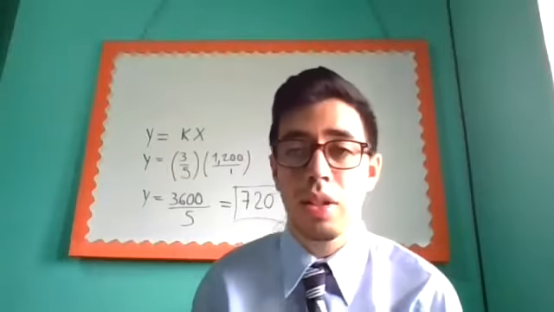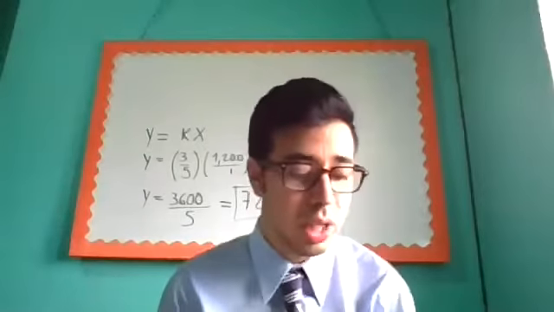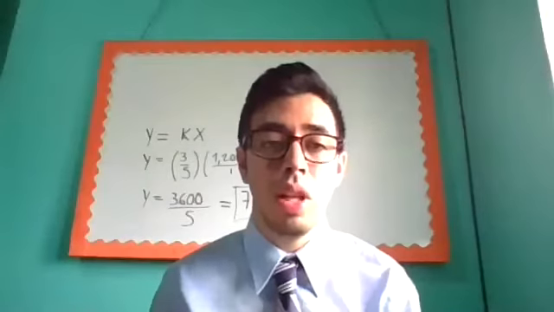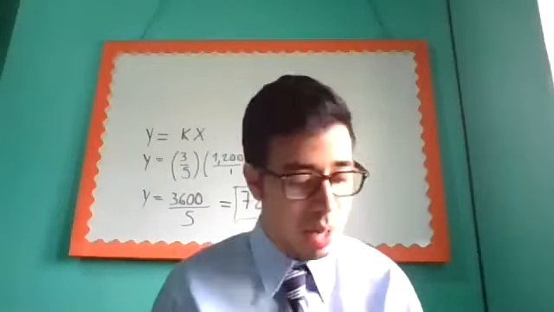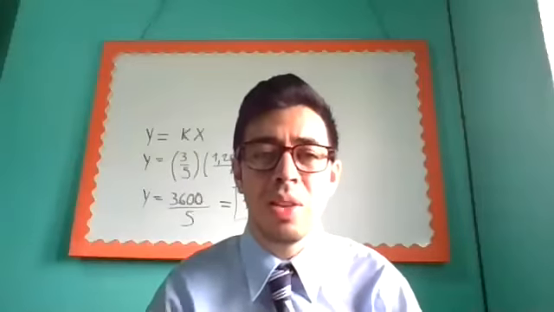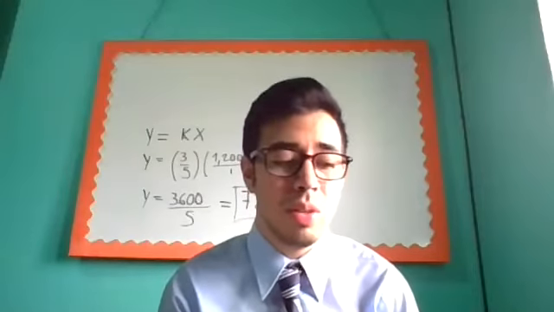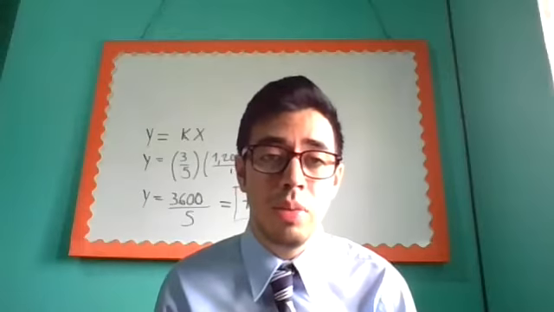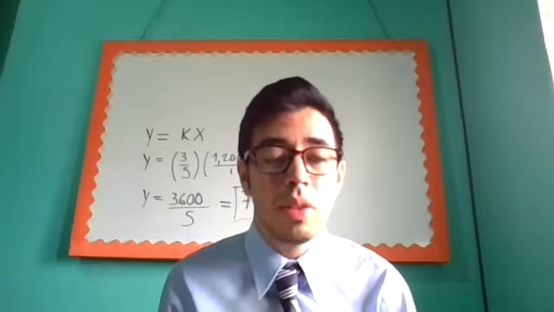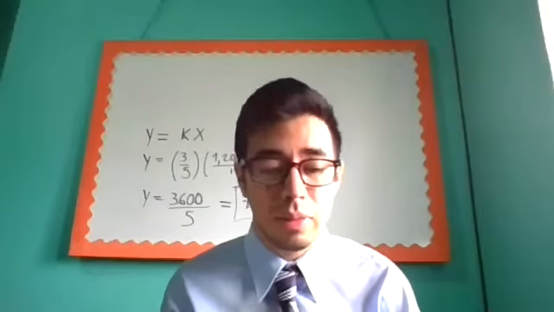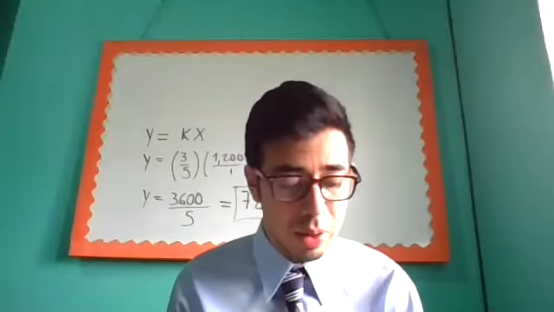Okay. Number 3, reasoning. Why is the equation y equals 3x plus 5 not representing a proportional relationship? You can see the equation for a proportional relationship in the first one: y equals k times x. And what happened with this one?